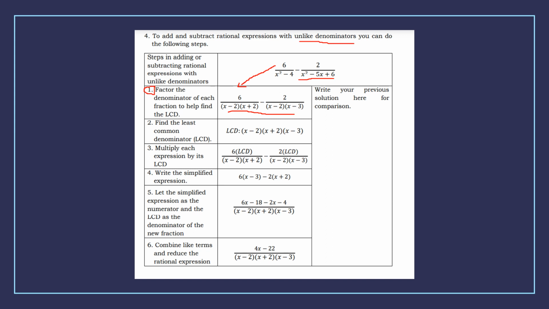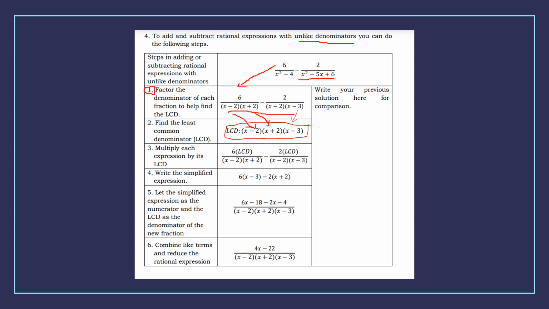So from the denominators, let us take x minus 2, another x plus 2. We also have here x minus 2, but we will not get it because we already have x minus 2 here. And then lastly is x minus 3. This is now the LCD of our given rational expression.